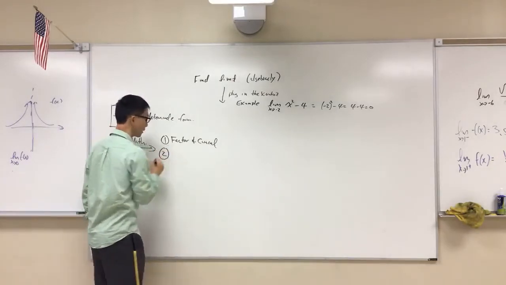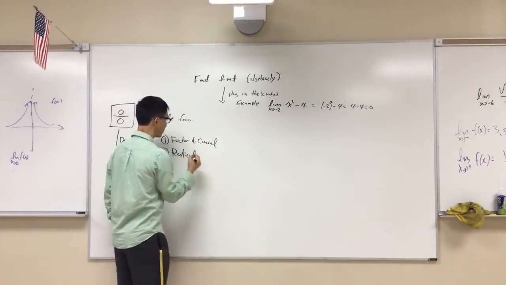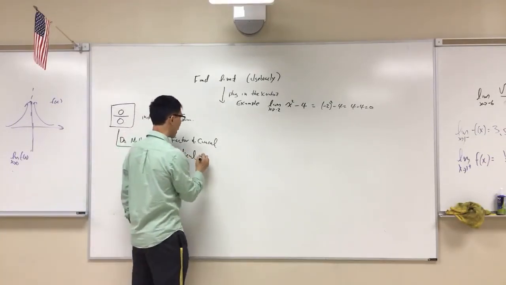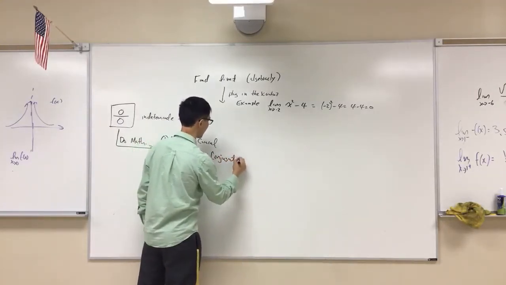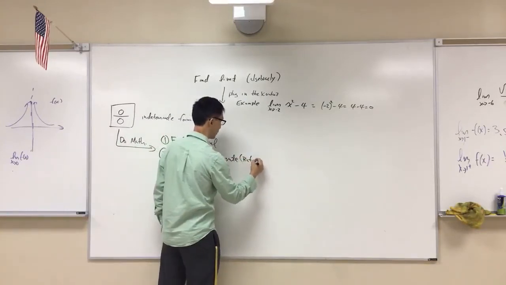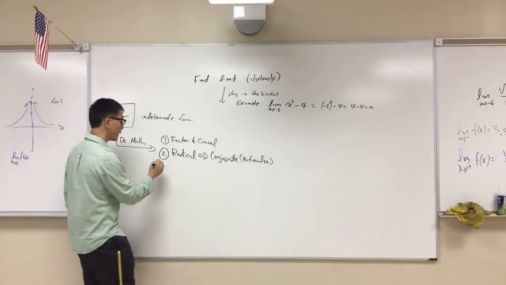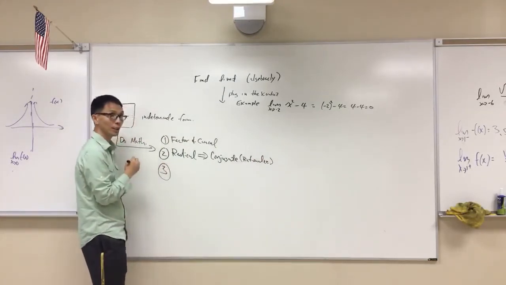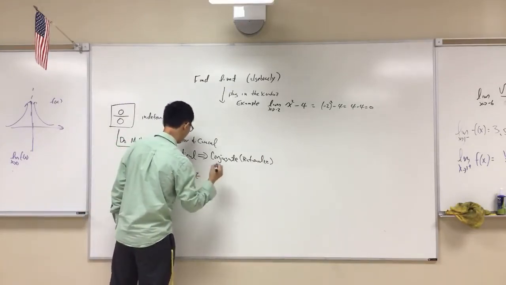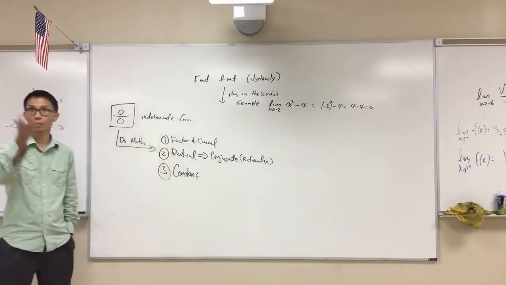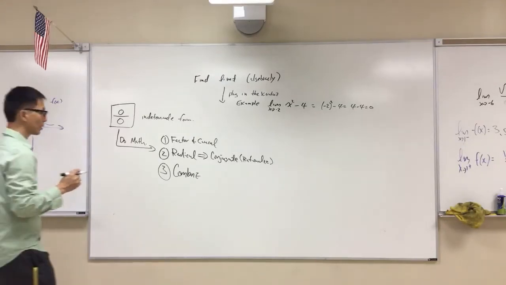Second, if you see radicals present, it usually means you have to deal with a conjugate, to rationalize. Third is combining fractions, which is what we've been doing from 2 days ago when we dealt with complex fractions, all the way in the back.